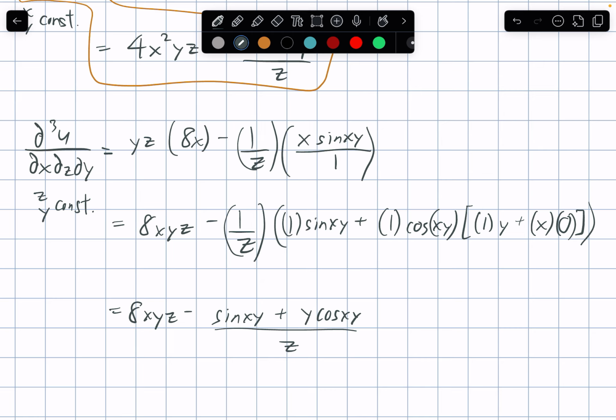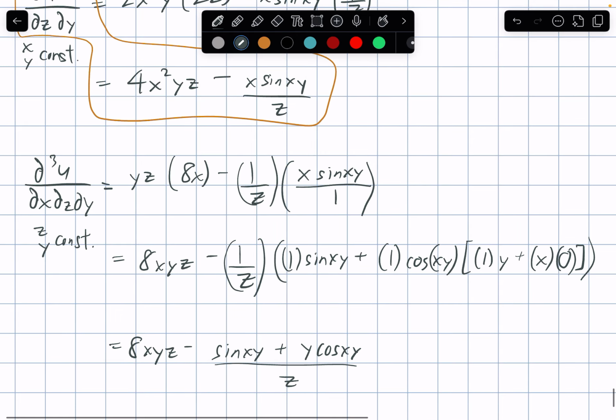Are we good so far? Wait a minute. This was supposed to be x.